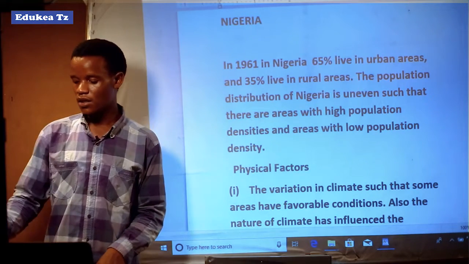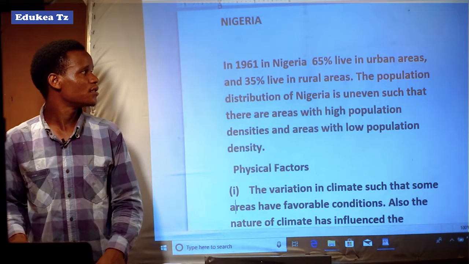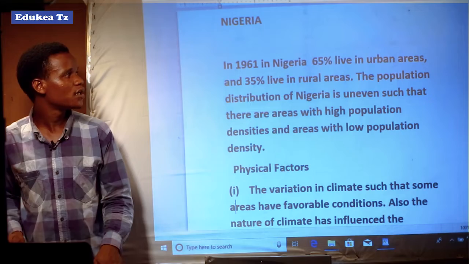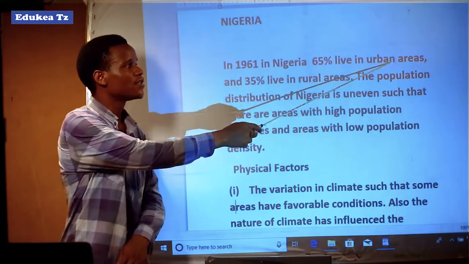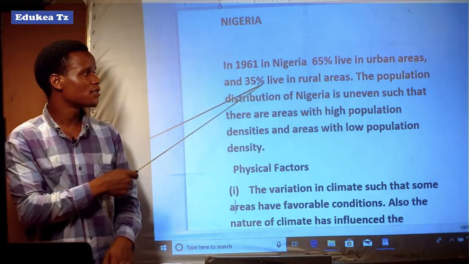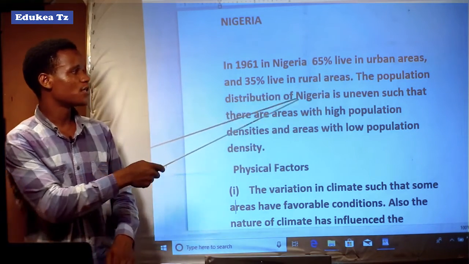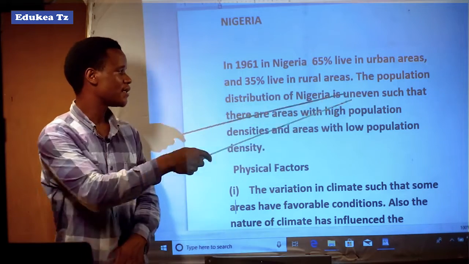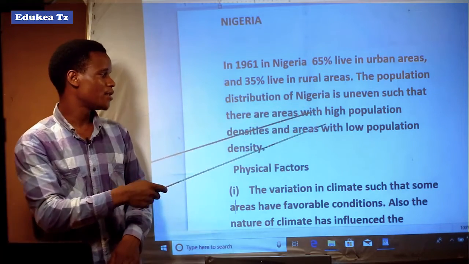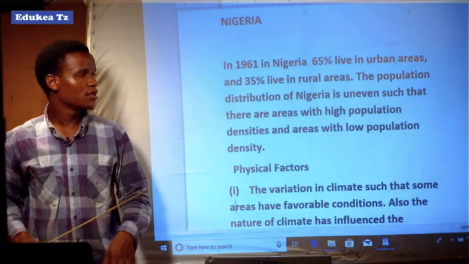Okay, let's now see the case study in Nigeria. In 1961, in Nigeria, 65% lived in urban areas and 35% lived in rural areas. The population distribution of Nigeria is uneven, such that there are areas with high population density and areas with low population density.